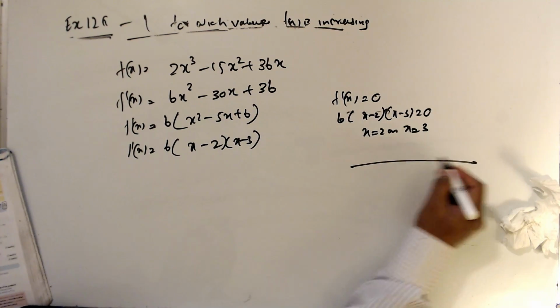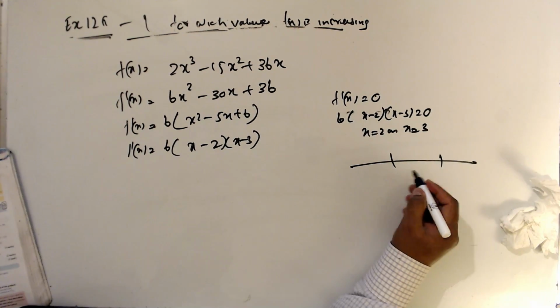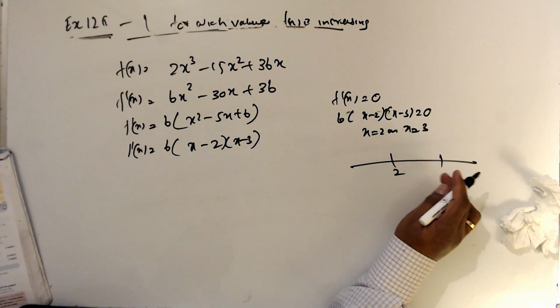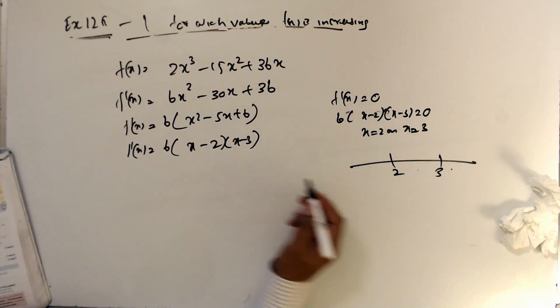So we are going to break this number line into 3 pieces: less than 2, 2 to 3, and more than 3.